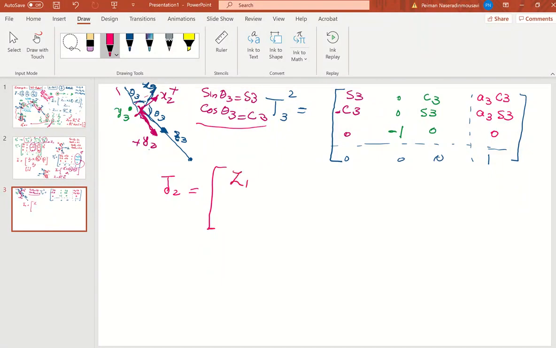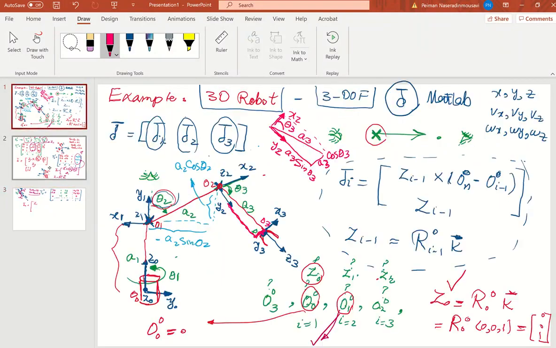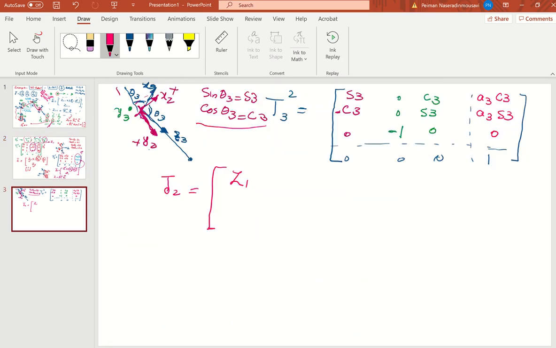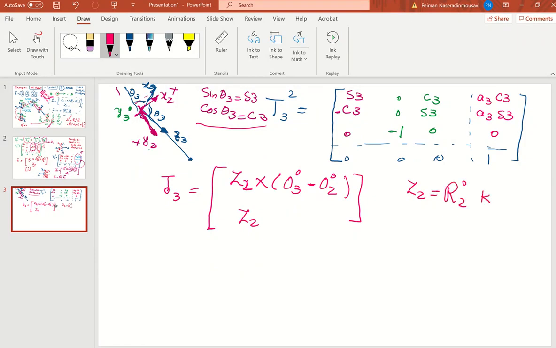Now when you calculate J3, already calculated J2, it is z2 cross product of O3 with respect to 0 minus O2 with respect to 0, in z2. But what is z2? It is R2 with respect to 0 in k. So what is R2 with respect to 0?